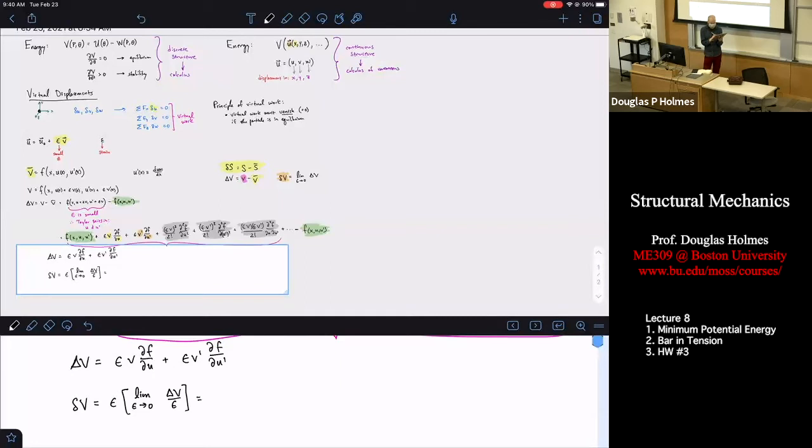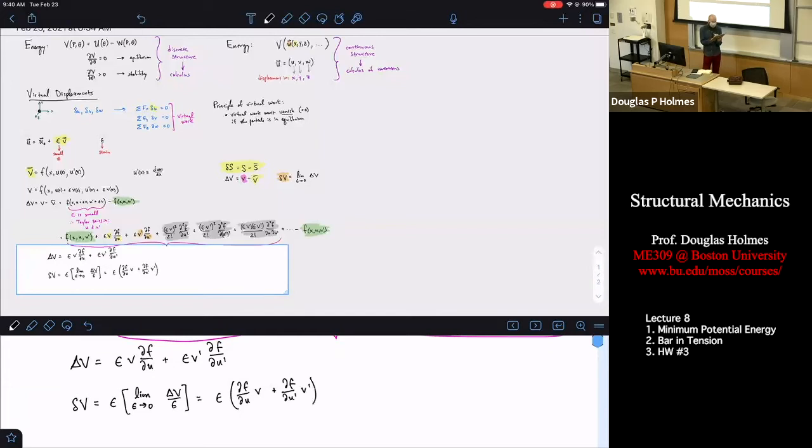And this looks like epsilon times delta F, delta U times V, plus delta F, delta U prime, times V prime.